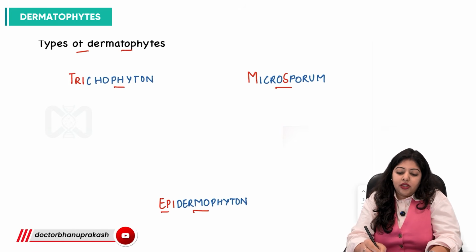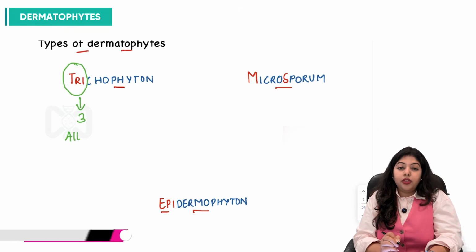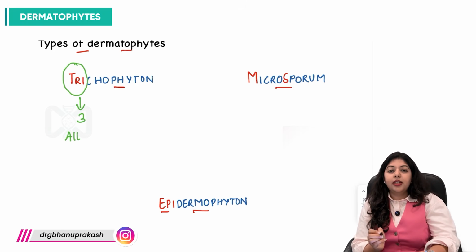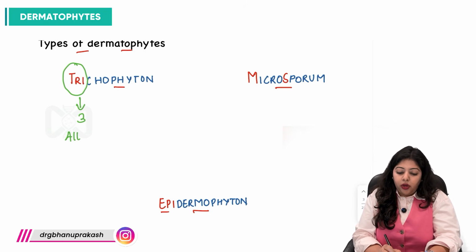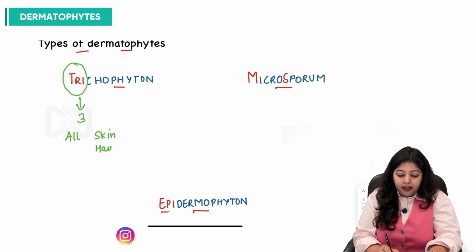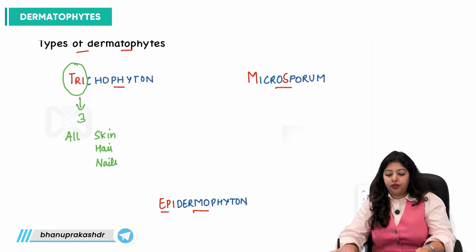When we say Trichophyton, it stands for 3. See? So now all these three structures, that is skin along with the appendages, are getting involved. All three: skin, hair and nails. They get involved in Trichophyton infections.